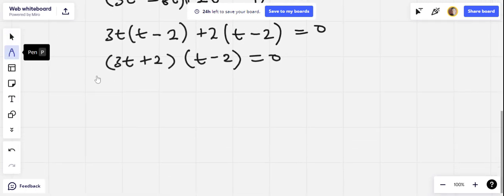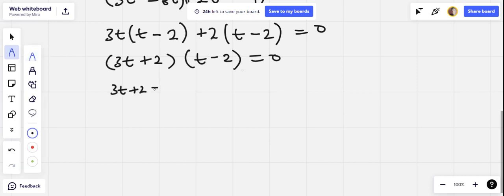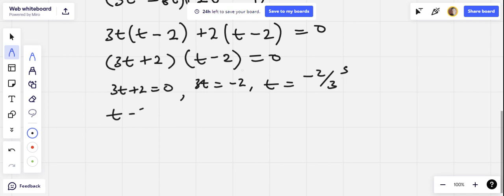So when we solve that, from the first one, 3t plus 2 equals 0, meaning 3t equals minus 2, so t equals minus 2 over 3 seconds. Then from the second factor, t minus 2 equals 0, which means t equals positive 2 seconds. So now we have two values for t.